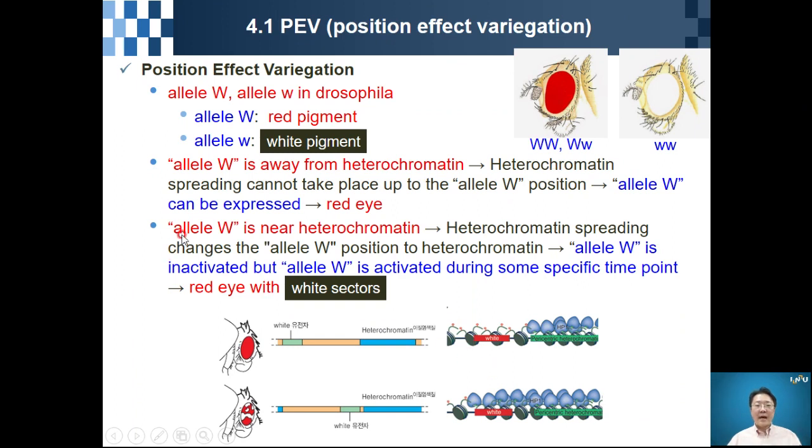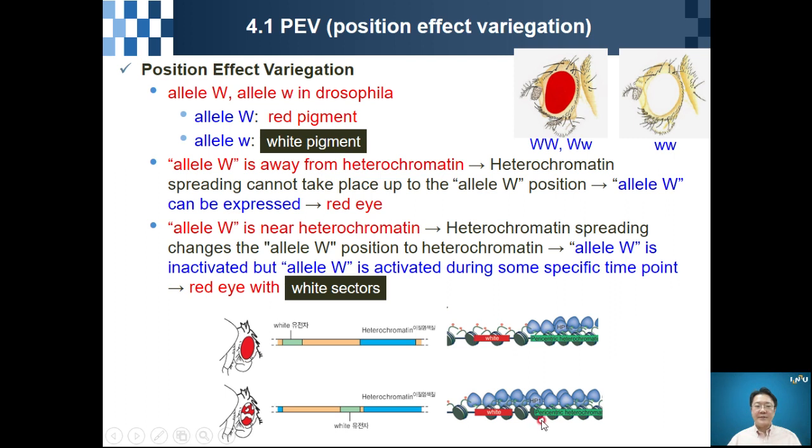When the allele W is near the heterochromatin region, heterochromatin spreading happens. Heterochromatin spreading changes the allele large W position to heterochromatin regions. So allele large W is inactivated, but it can also be activated at some specific time point.